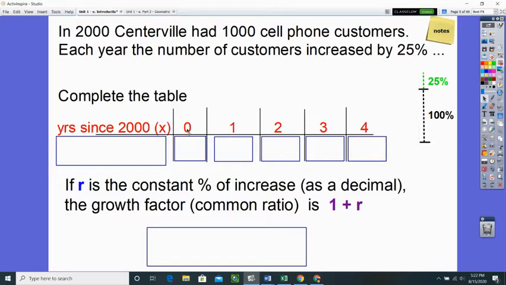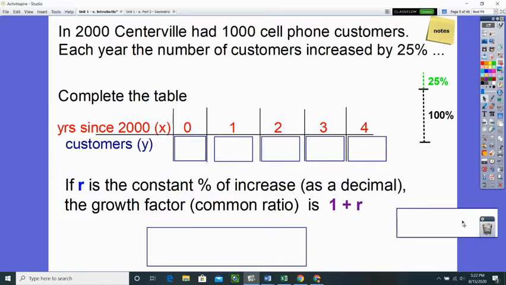So 0 would be no years after 2000, which means it's where you started, 2000. 1 would be 1 year after 2000, it'd be 2001, and so forth. We are going to use customers, and I'm going to use a y there for our output. So we started in 2000 with 1,000 customers.